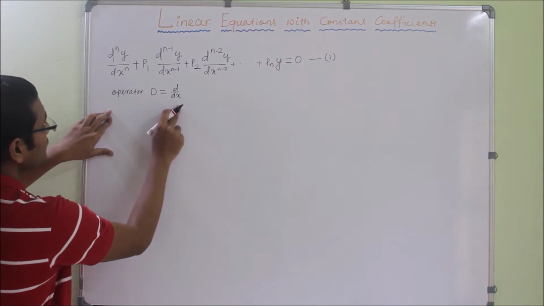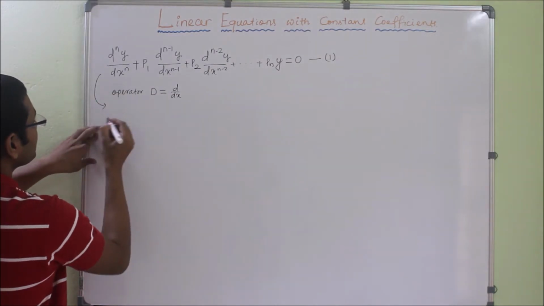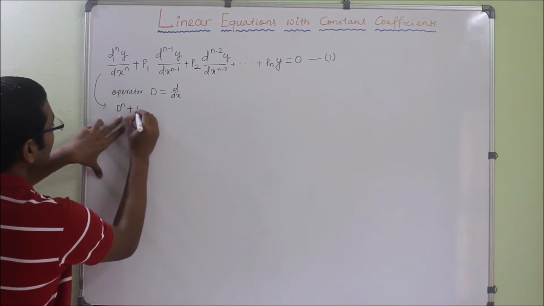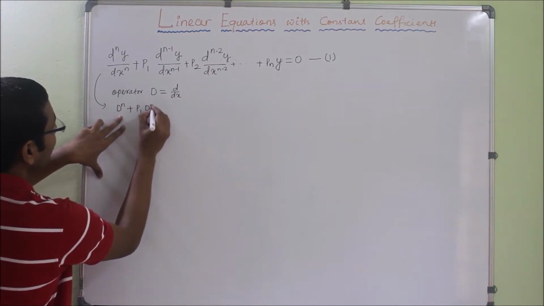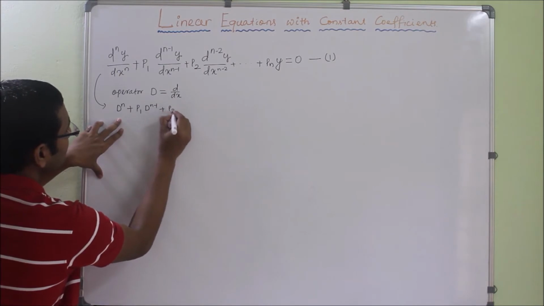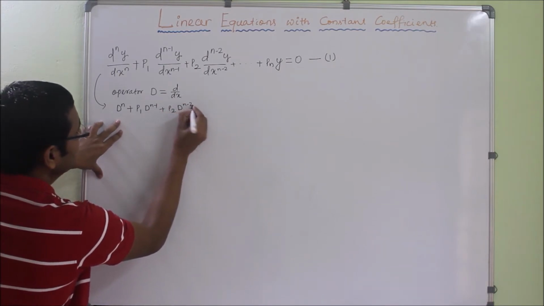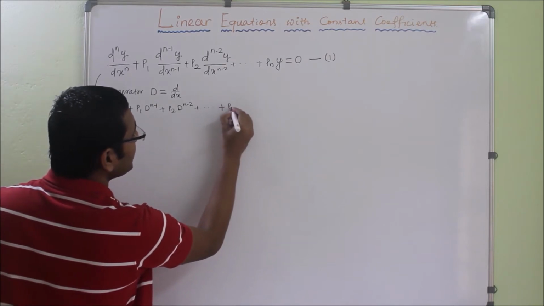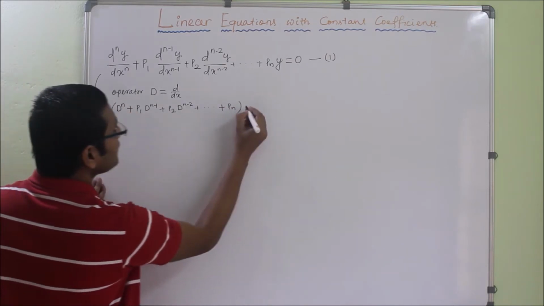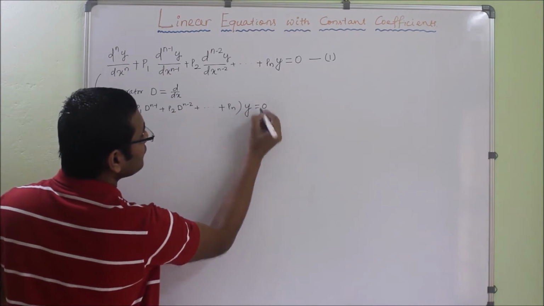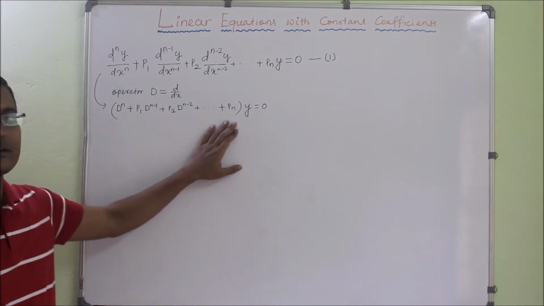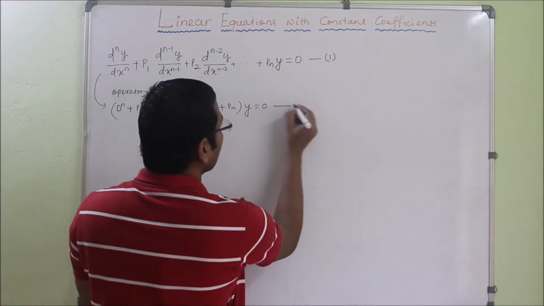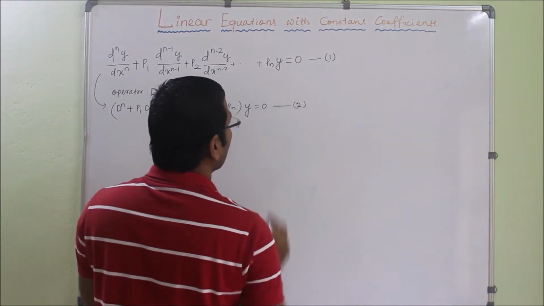If I use this operator, equation 1 will be D^n plus p1 D^(n-1) plus p2 D^(n-2) plus and so on, and the last term will be pn, whole times y, equal to 0. Now it is clear. This is the reduced form in terms of the operator.